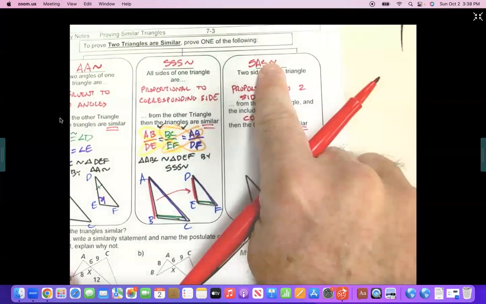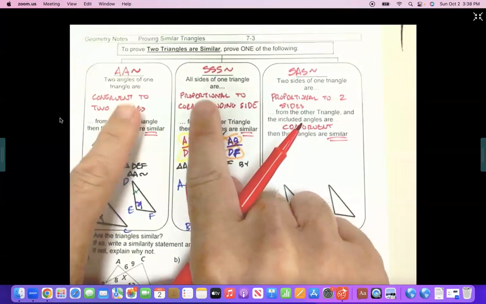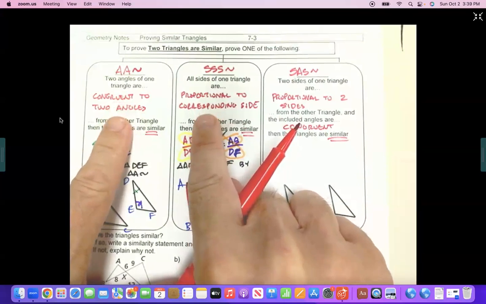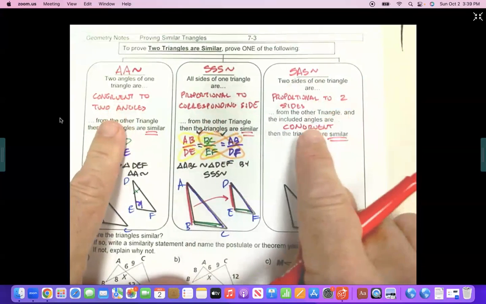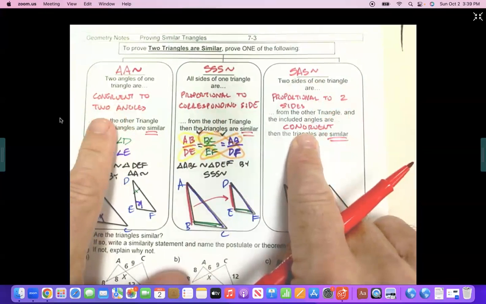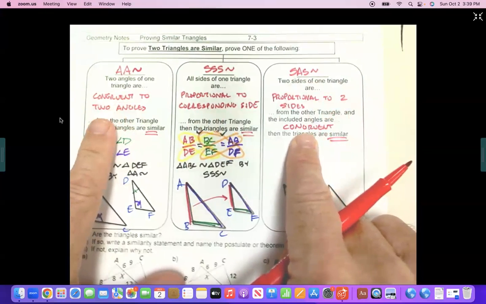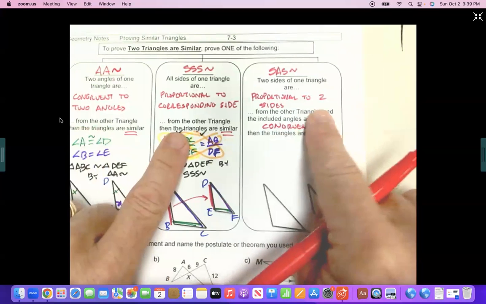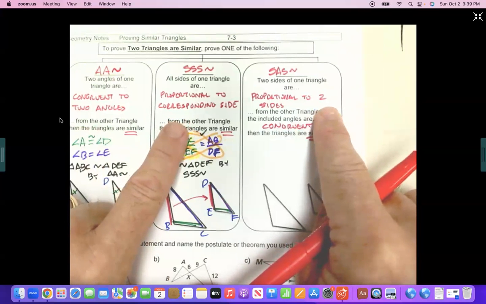You can see this one shares both properties here, except this one's only looking at one set of angles, where the other looked at two, and this one's only comparing two of the three sides, not all three sides.